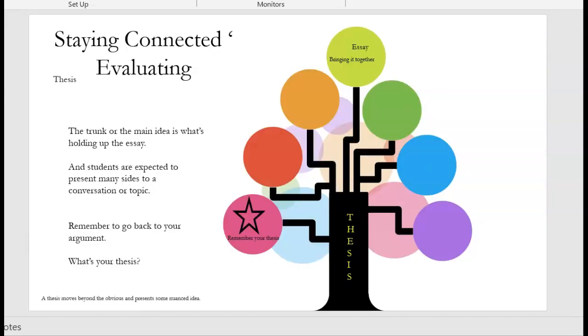All right, so let's look at this again, right? Here we have it. It all comes together. The thesis pulls all the way up to the top, and remember to come back to your thesis. The trunk or the main idea is what's holding up the essay. Students are expected to present many sides to a conversation or topic. Remember to go back to your argument. You should be able to say, my thesis is this, my idea is this.